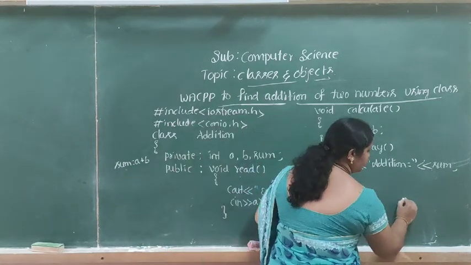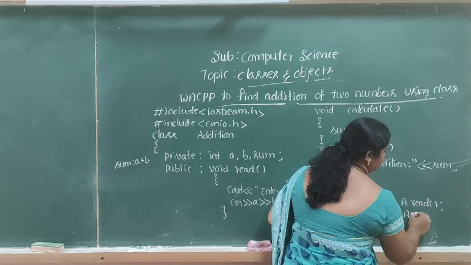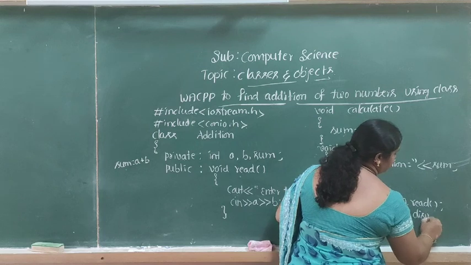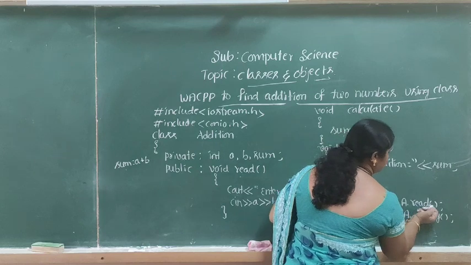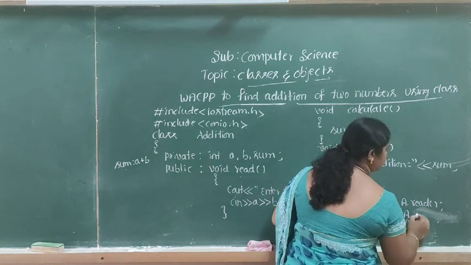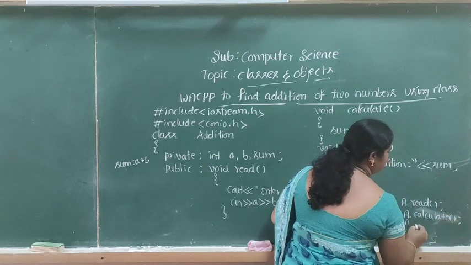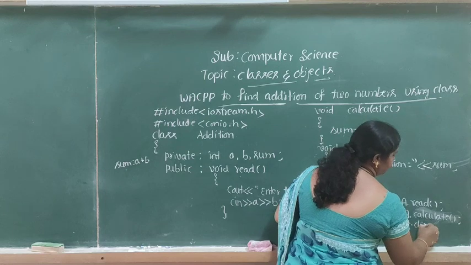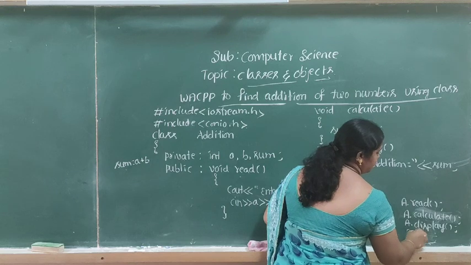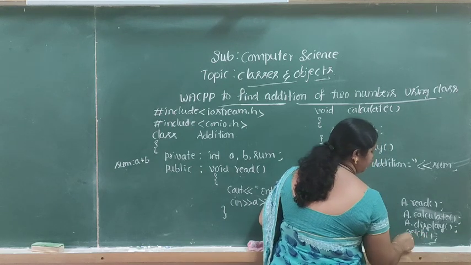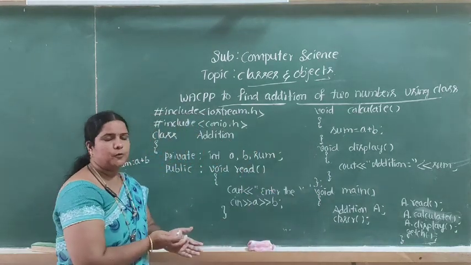It can be written as a dot read, a dot calculate, and the last member function is a dot display. Getch, closing brace. This is one simple program for addition of two numbers.